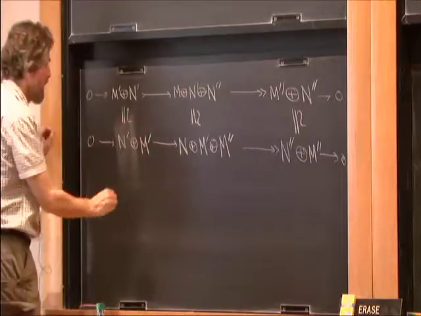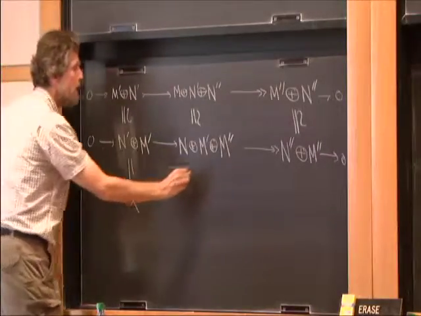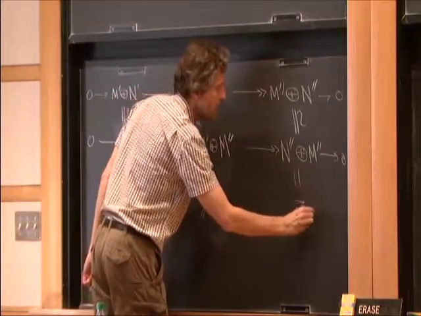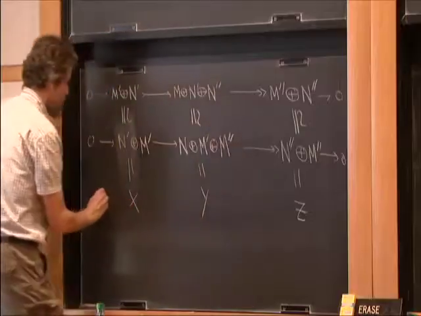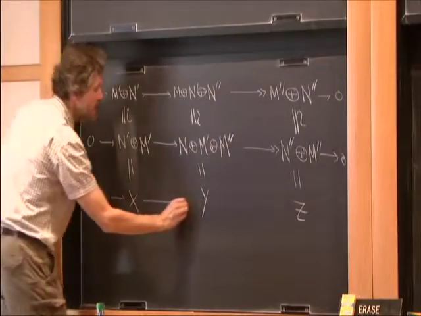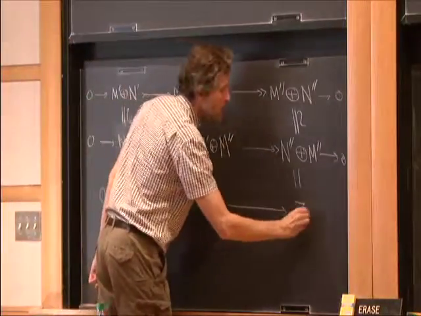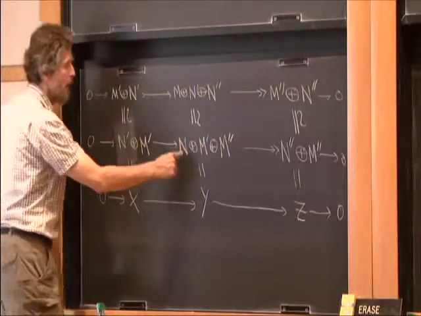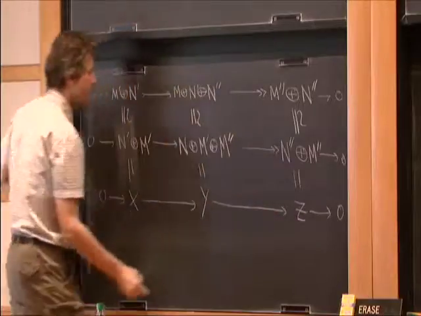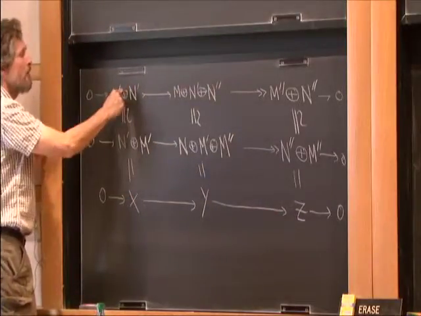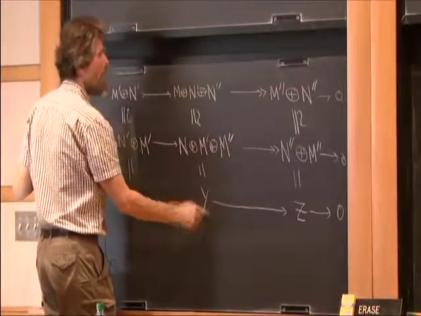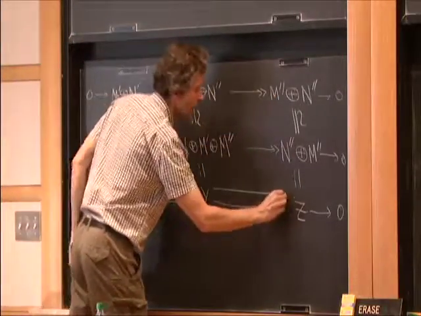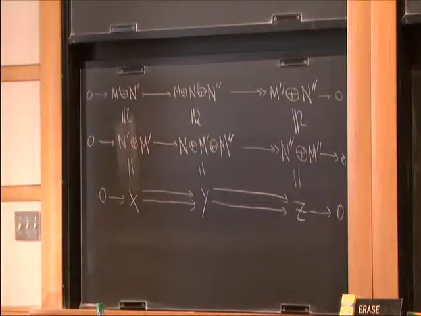So now, if we call this x, and call this y, and call this z, then we get two exact sequences with the same three objects. One exact sequence comes by going this way, and the other exact sequence comes by going to the top and using that. And the two exact sequences are unrelated.